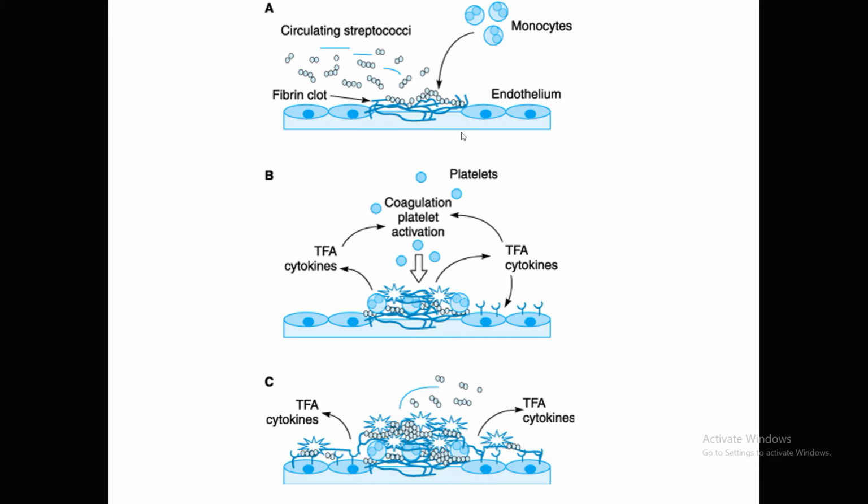The next factor, this is the bacteremia, the presence of circulating bacteria, as shown here, streptococci in the blood. Bacteria will be deposited on the sterile vegetation during the course of bacteremia. And let me note, there is an exception. It is known that Staphylococcus aureus can infect even a non-damaged endothelium.